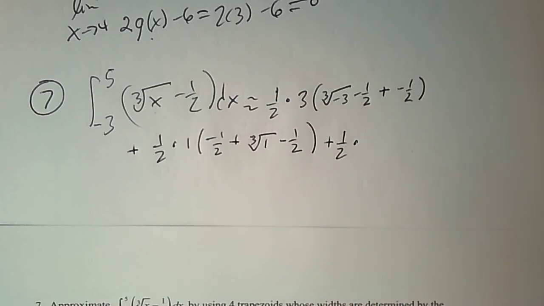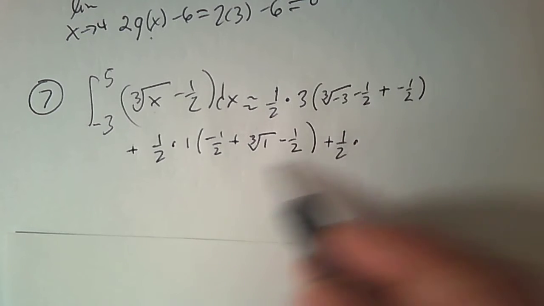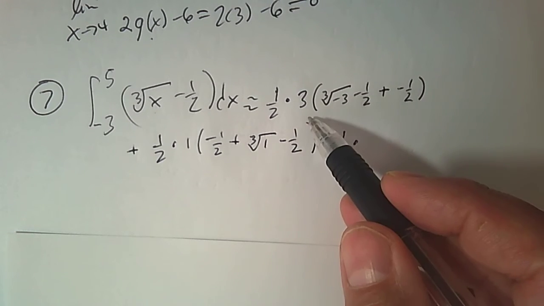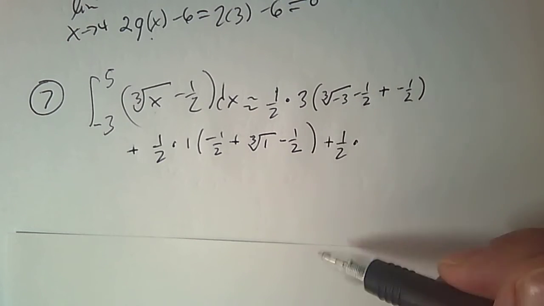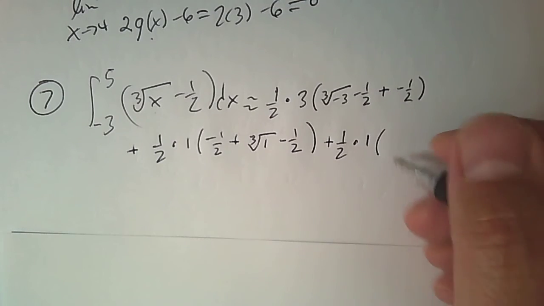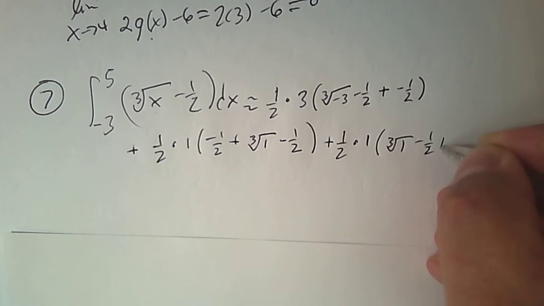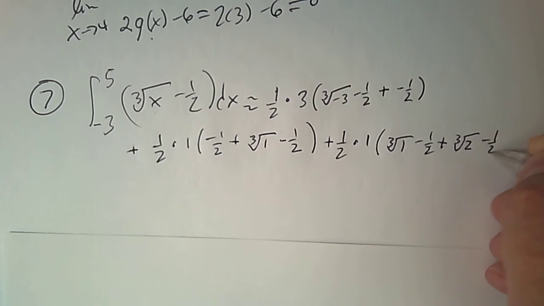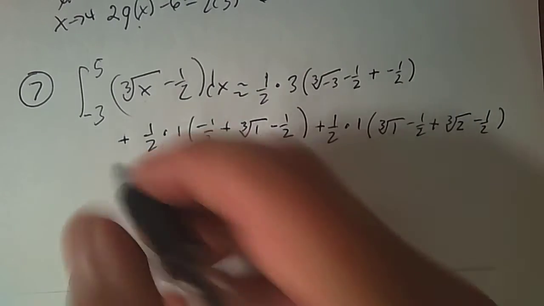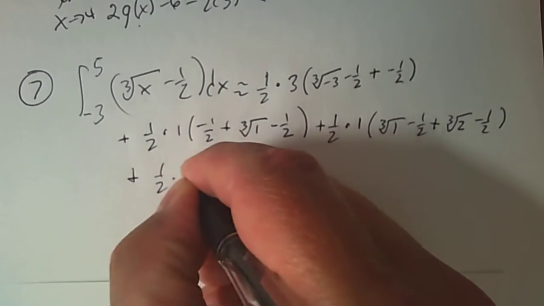Starts with 1/2. How many trapezoids have I used? I've used 2. So we went from negative 3 to 0, 0 to 1. Now we're going 1 to 2. So 1 to 2, the width is 1. Plug in 1 first, then plug in 2. And we have one more to do. The last interval, 2 to 5, starts with 1/2, and the width is 3.